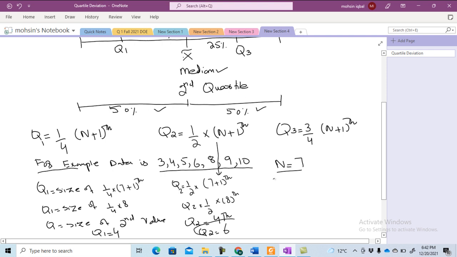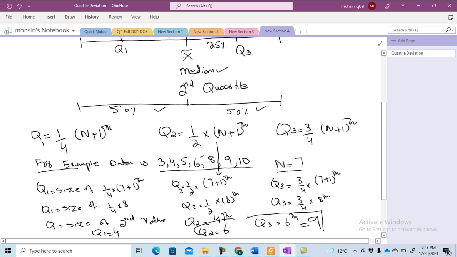Then we will calculate the third quartile. The third quartile will be equal to 3 by 4 multiplied by the 7 plus 1th value. So Q3 will be the size of 3 by 4 multiplied by 8. On solving, 4 ones are 4, 4 twos are 8, so 3 twos are 6. So the 6th value will become my third quartile: 1, 2, 3, 4, 5, 6, so 9 will be my third quartile.